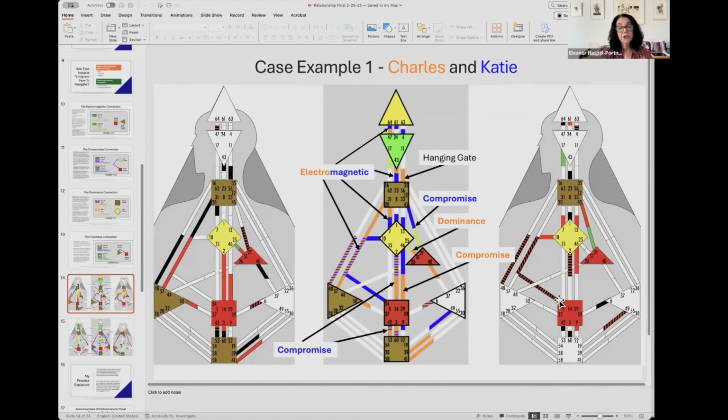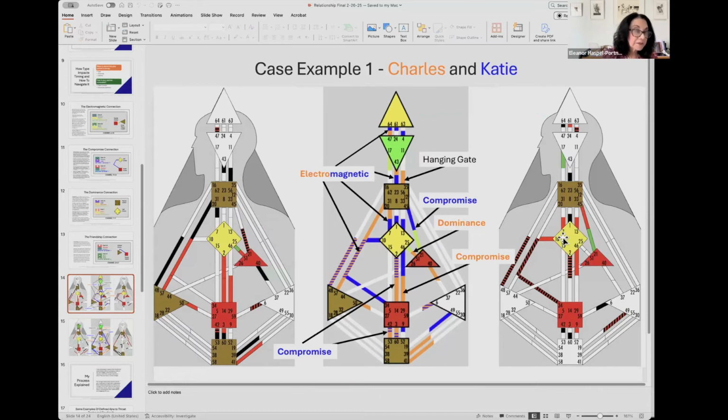In Katie, she also has the 34-10. I mentioned when we were doing the compromise, that the 34-10 is a channel of marching to your own drum. So it's interesting to look at Charles and Katie because Katie is a manifesting generator. Charles is a generator.